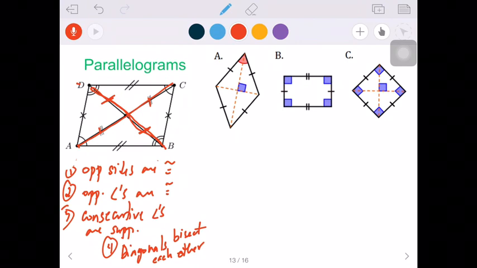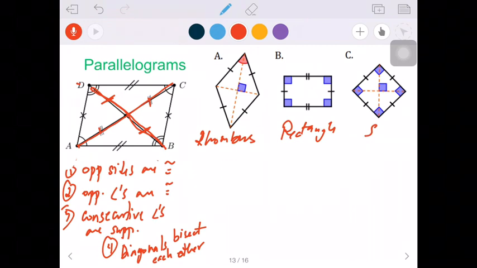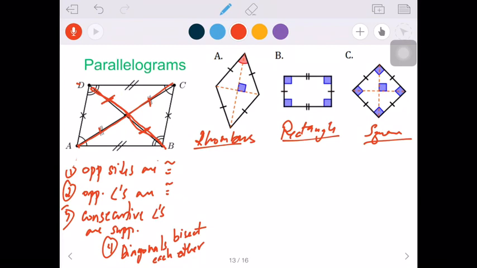Now on the right, you can see there are special parallelograms, and all of these special parallelograms here, this one we call the rhombus, this one is a rectangle, and this one is a square. All of these special parallelograms have their own unique property on top or in addition to the properties of parallelograms.